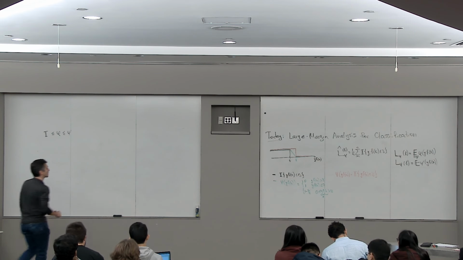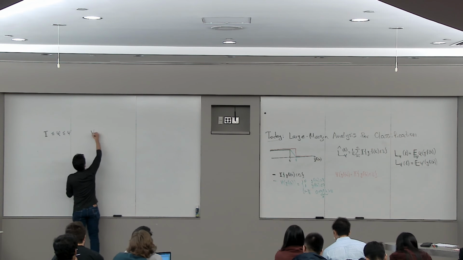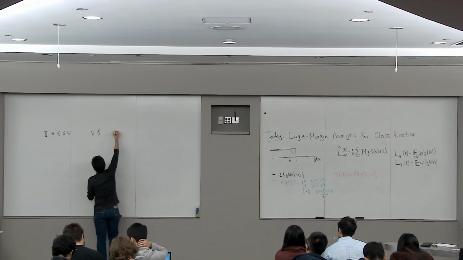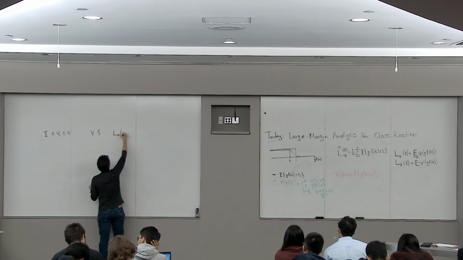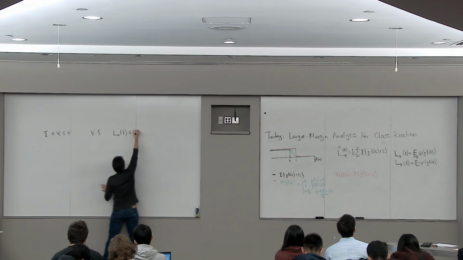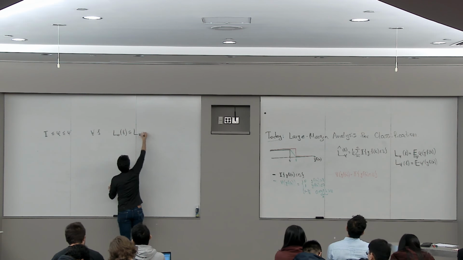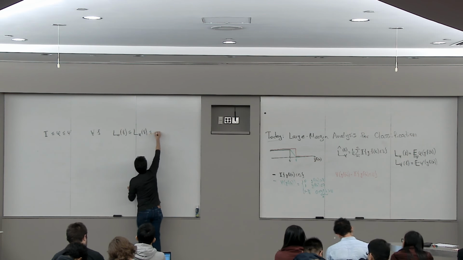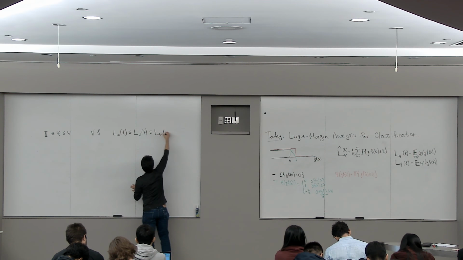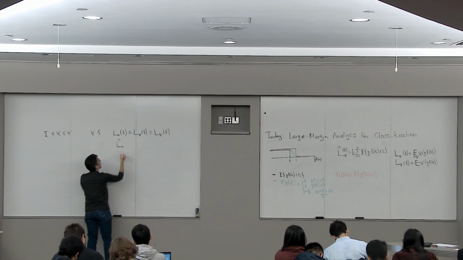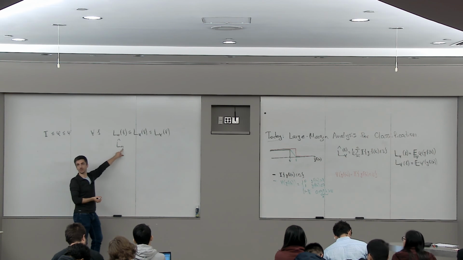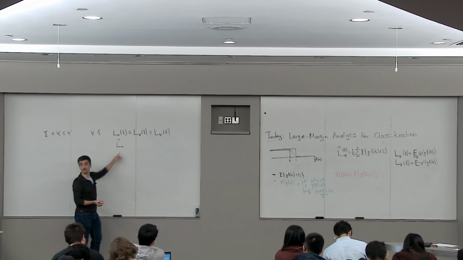But it also means that for any f, the 0,1 loss of f is upper bounded by L phi of f, which is upper bounded by L psi of f, and the same thing for the empirical. And this is the 0,1 indicator loss.